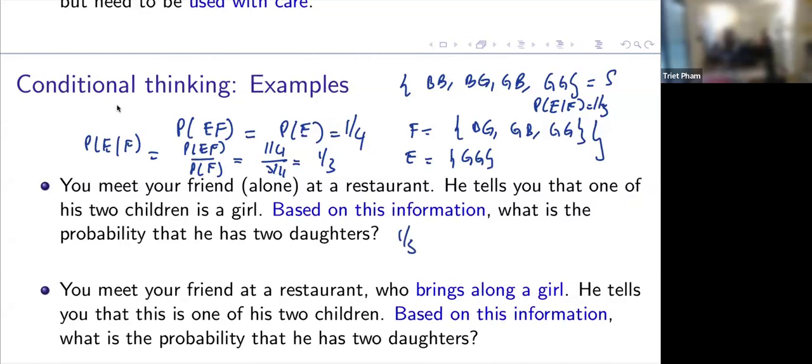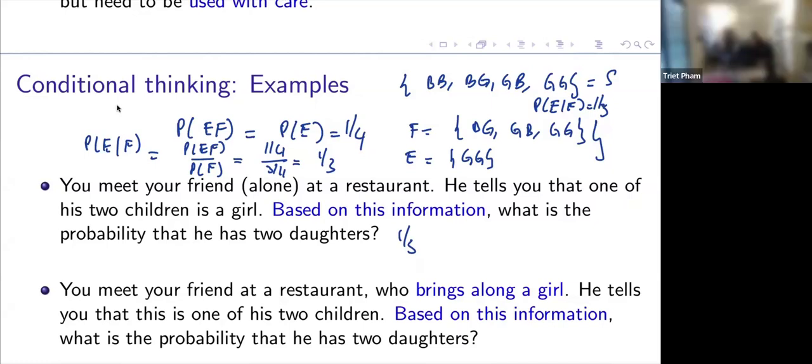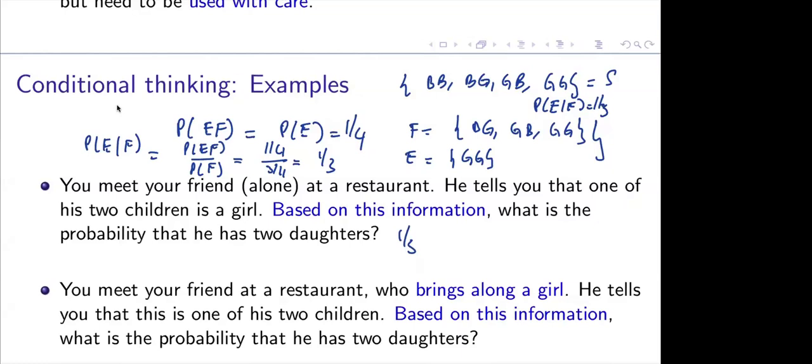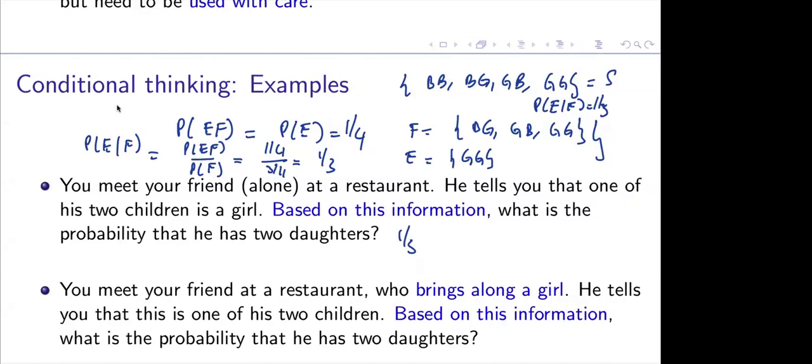I'll wait for the second one. Wait, he brings a girl and that's one of his children. So it must be the same answer. So you think it's the same answer, 1/3? Yeah, final answer. Okay, well that means that it's probably not the right answer.